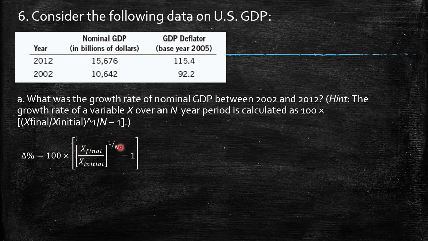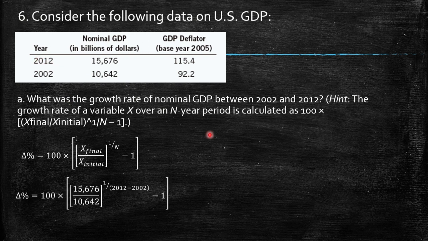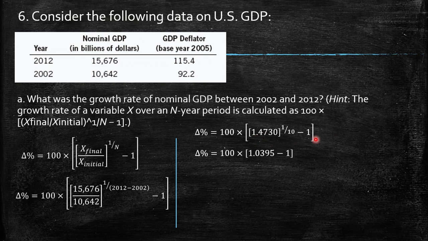And n should be the number of years, so 2012 minus 2002, which is 10. Then we just replace the final value, 15 over 10, and 2012 minus 2002, which is 10. Then we make this division, keeping 4 decimals, and then we elevate this.